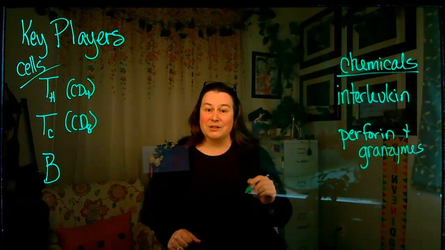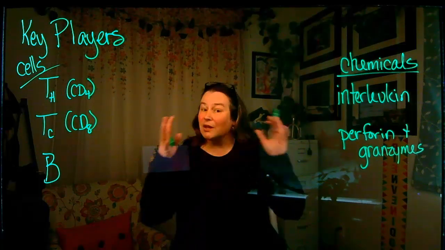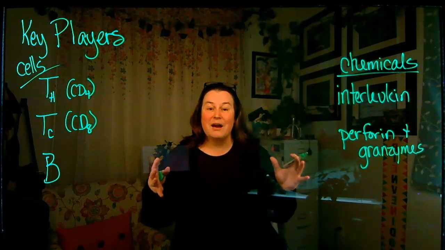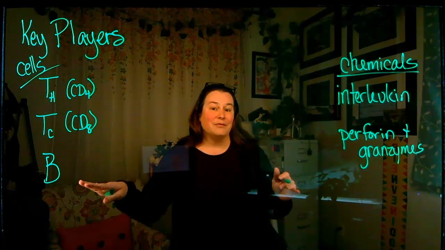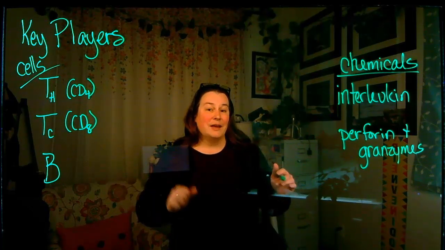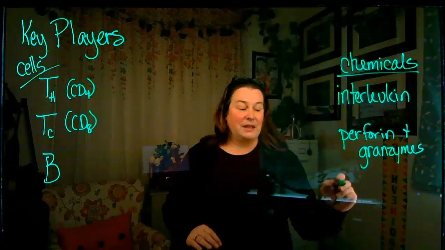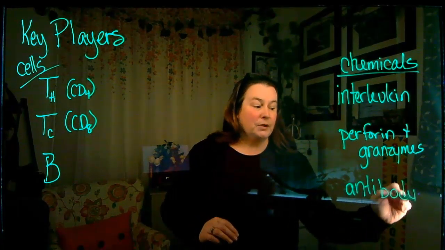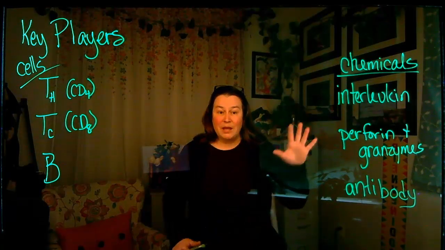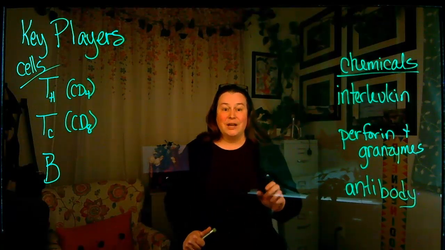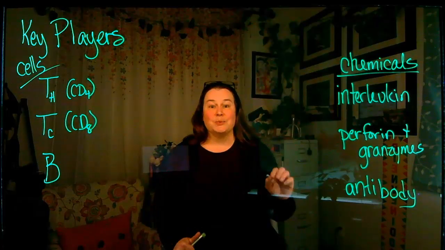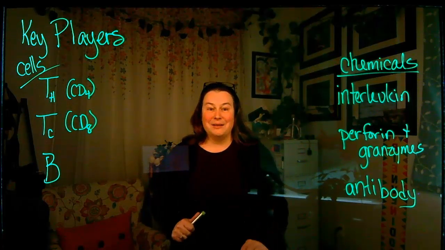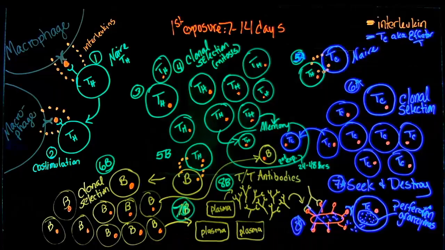And if you watched that third line of defense video that summarizes the anatomy of the third line of defense, you will also know that B cells produce a protein known as an antibody. So these are our key players, and we're going to get rolling here to see how these chemicals and cells work together to make the cell-mediated response.